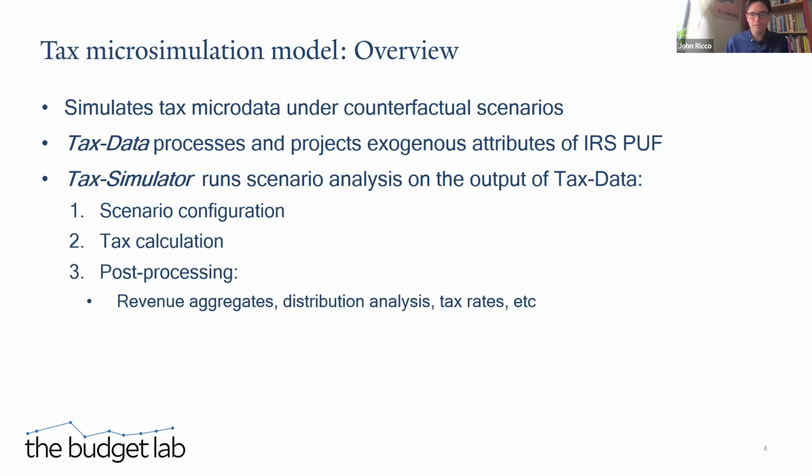But that's the second component. And so for a given scenario, we calculate taxes under that scenario for the simulated population. And then the third step is various post-processing tasks that generate the metrics we're actually interested in, whether that's revenue estimates or distribution analysis, etc.